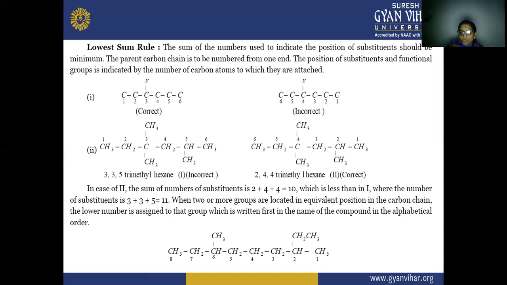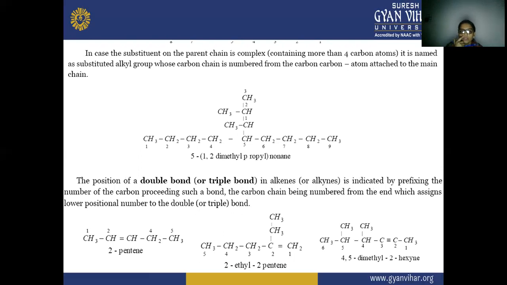Oct is the root name, ane is the primary suffix, and among the prefixes, first will come the ethyl because E comes first in alphabetical order. After that, the M comes, so its name is 2-ethyl 6-methyl octane.